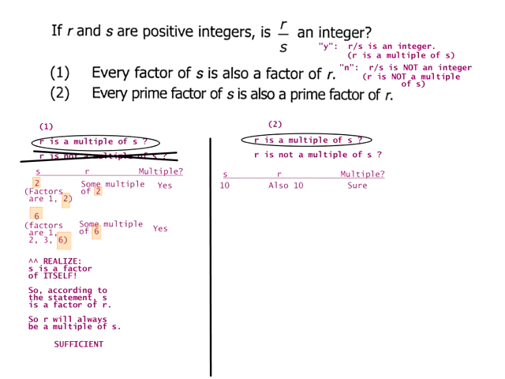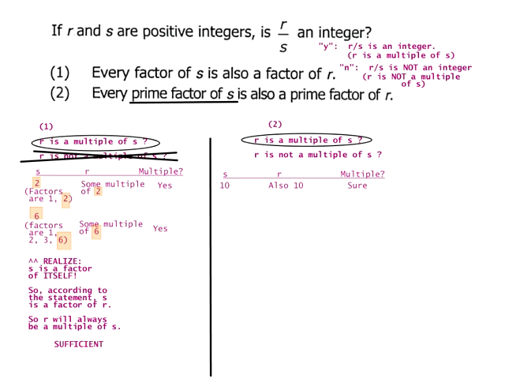What you can realize here is that prime factors don't include repeated instances of that prime. For example, if you have 5, then the only prime factor of 5 is 5. But if you have 25 or 125 or anything like that, the only prime factor is still 5.